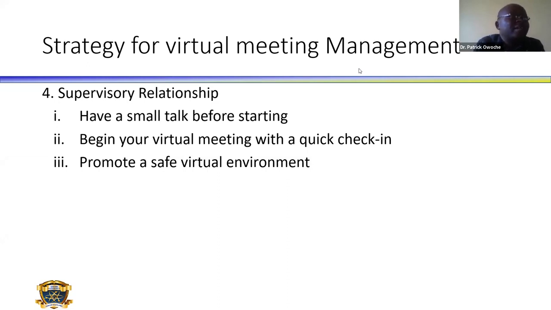That creates a connection between the supervisor and the students. They connect. So have a small talk before starting, just to find out how they are doing, make them comfortable.